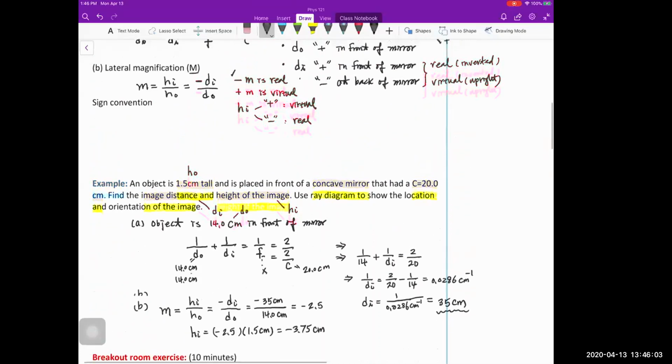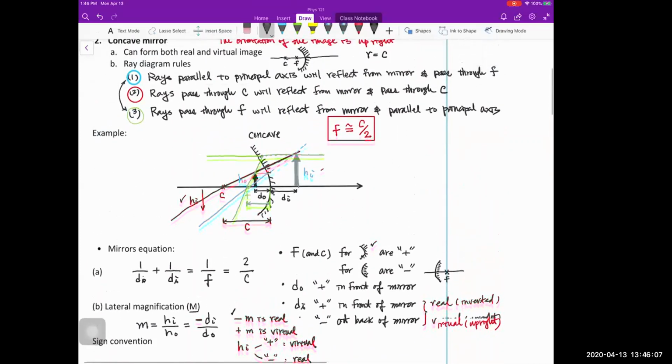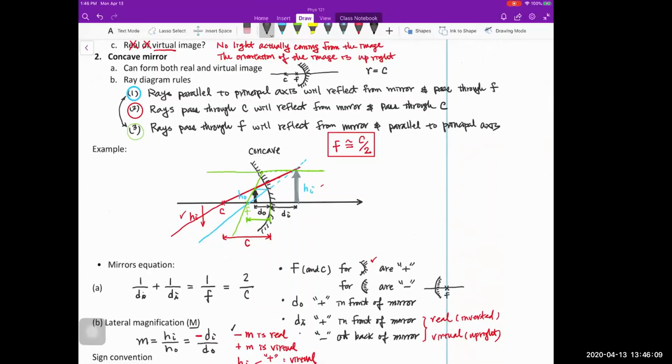For this kind of case, I would say the best way to draw this is to show two lines first. The first step is that you find the center of the mirror. Once you decide the location of C, the F is half of that distance, the middle between C and the mirror.